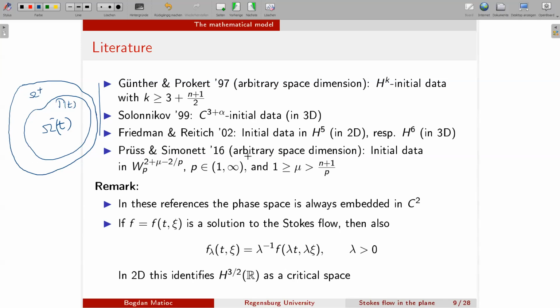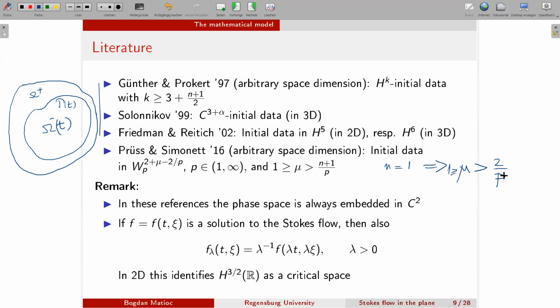And they consider the problem in arbitrary space dimension for initial data in the space W_p^(2+mu-2/p), where p is between 1 and infinity, and mu is larger than n plus 1 over p and less than 1. So you see, if n is 1, then mu should be larger than 2 over p and less than 1.